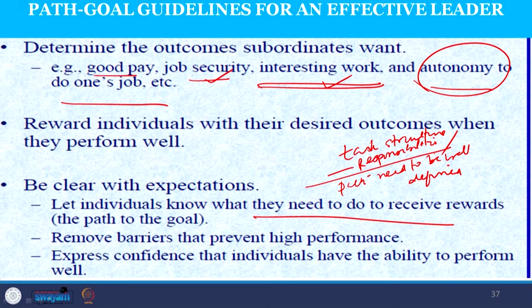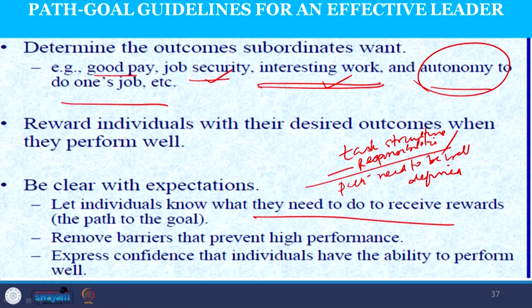Remove barriers that prevent high performance. Leaders should also try to provide an environment where there are no hassles, so that barriers to performance are removed and the performance can be effective. And the third factor is to express confidence that individuals have the ability to perform well.